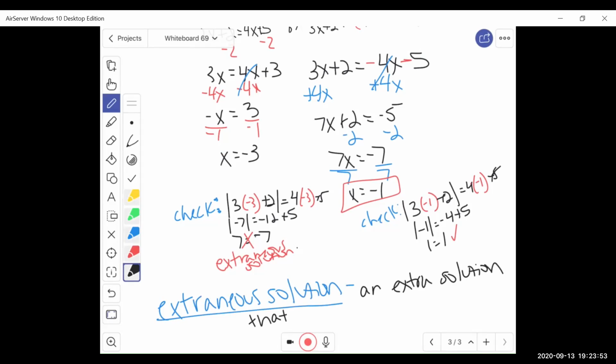It's an extra solution that does not work when checked. When you plug in that x value, the left side does not equal the right side. It does not work in the equation.